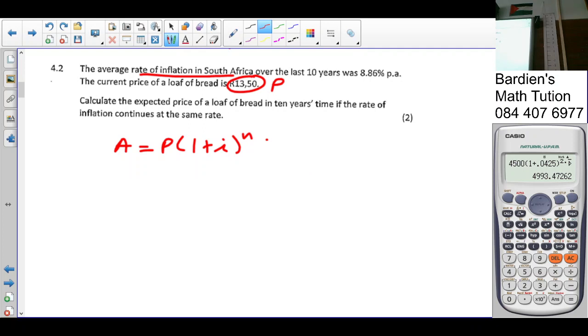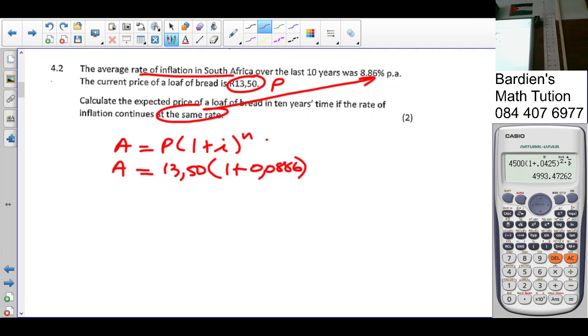Here we are asked to calculate the expected price of a loaf of bread in 10 years' time, if the rate of inflation continues at the same rate of 8.86%. Are you all okay with that? So what we're calculating is our final amount, your A value. So it's 13.50 into 1 plus 0.0886 to the exponent 10 years.